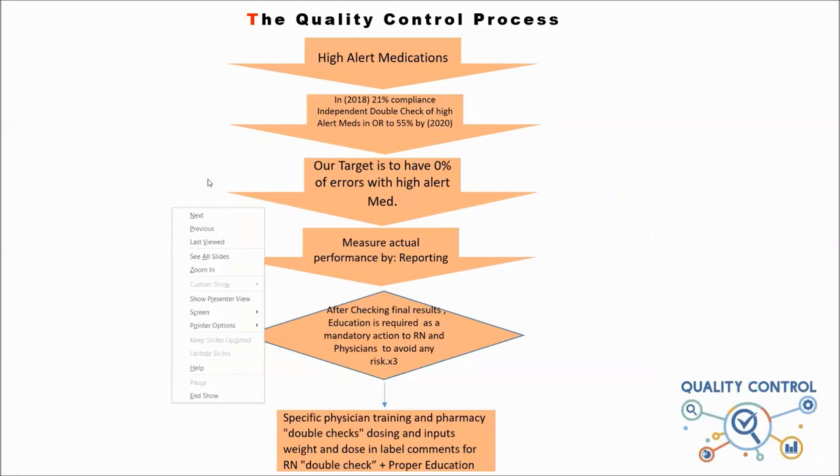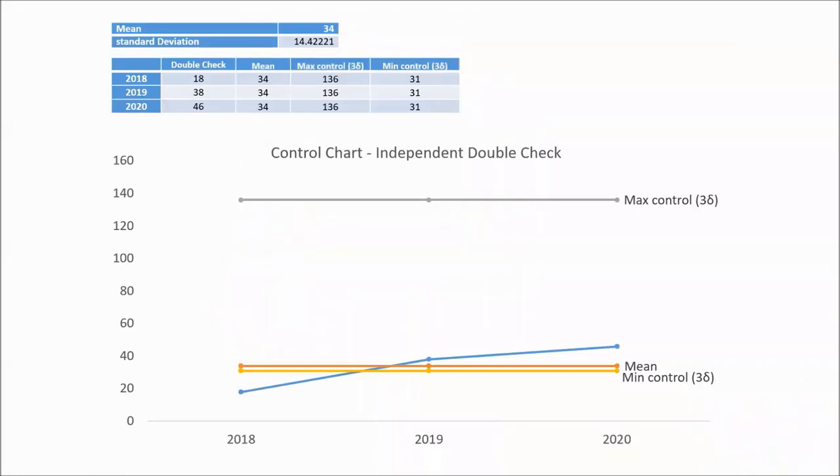We tried also to do a control chart, and we put 3 standard deviations for the maximum control level and the minimum, and then we put all the years here. I don't know if it gives an idea.